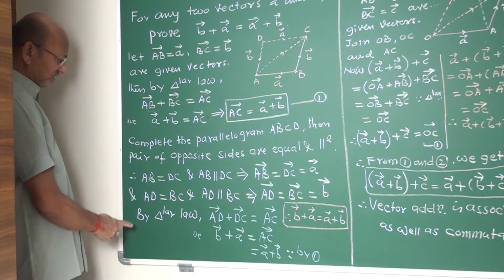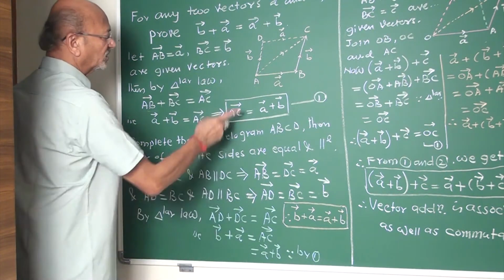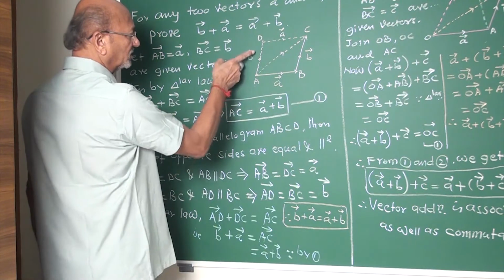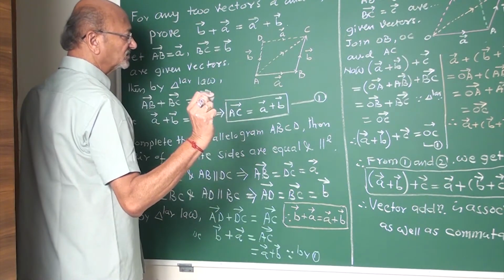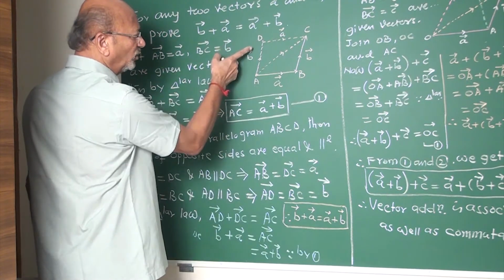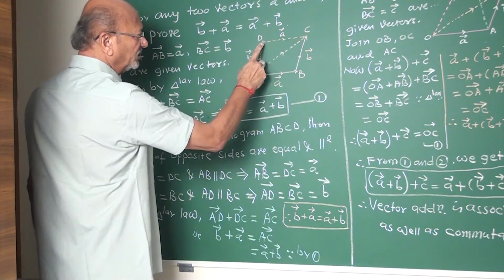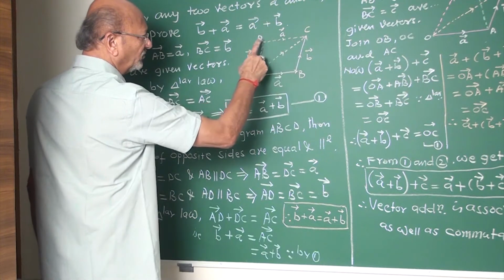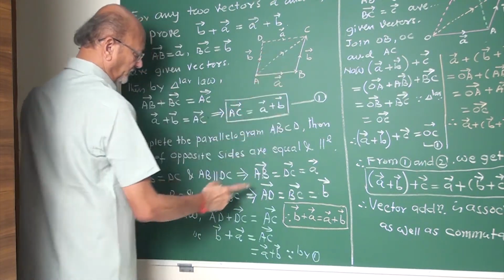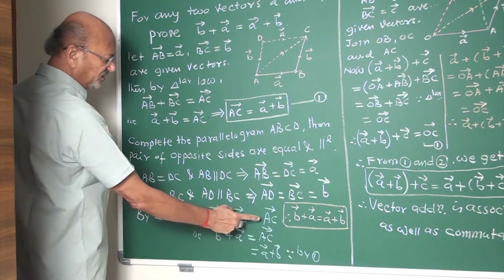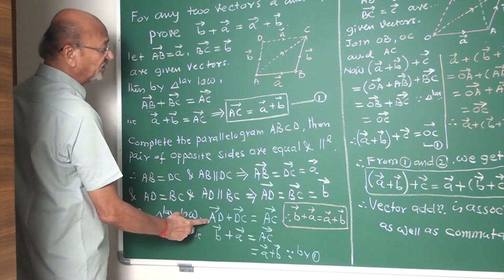Yes, my friends. Again, by the triangular law of addition, direction is very important. AD plus DC: these are the two vectors such that the end point of the first vector must be the initial point of the second vector. Therefore, AD plus DC is AC. What is AD?